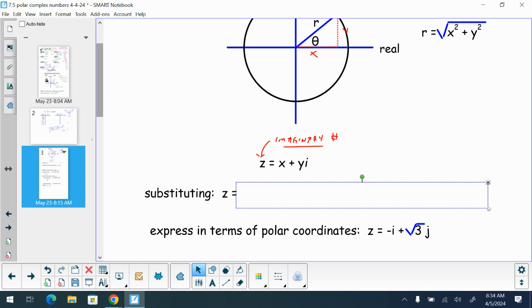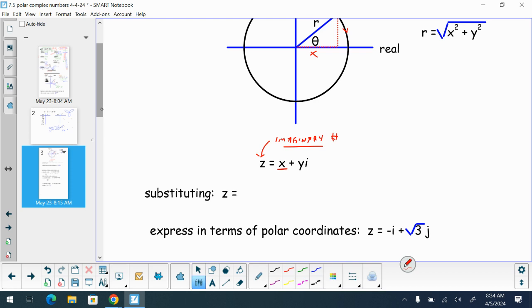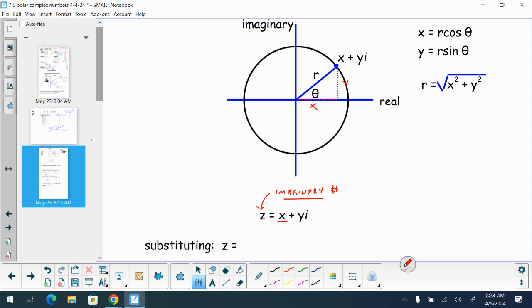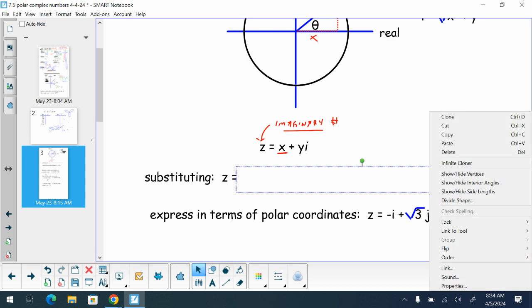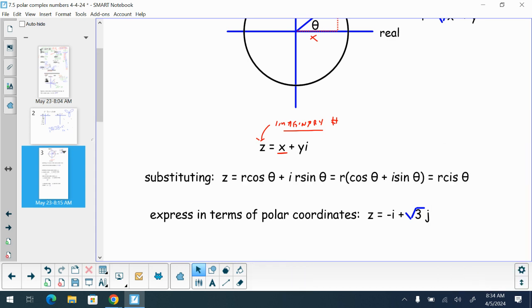If we would make some substitutions here, x is equal to r cosine theta. Y is equal to r sine theta. So making a substitution, we can say z is equal to r cosine theta plus i r sine of theta.